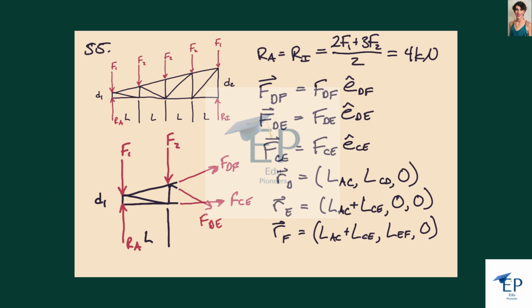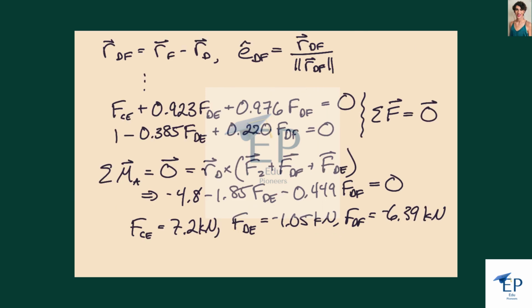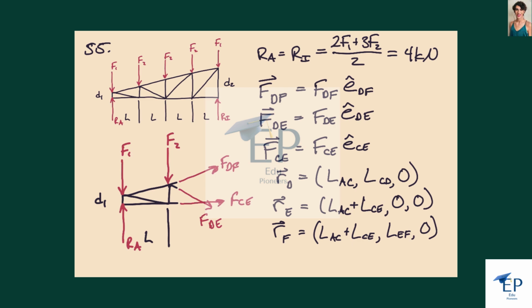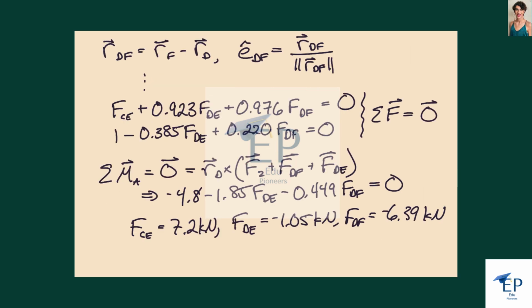So what we can do then is figure out the vector from D to F. That's this vector here, and we find it by taking the vector to F and subtracting the vector to D. Now we want to make that a unit vector, so we divide by its magnitude. We can do that for all the other ones.